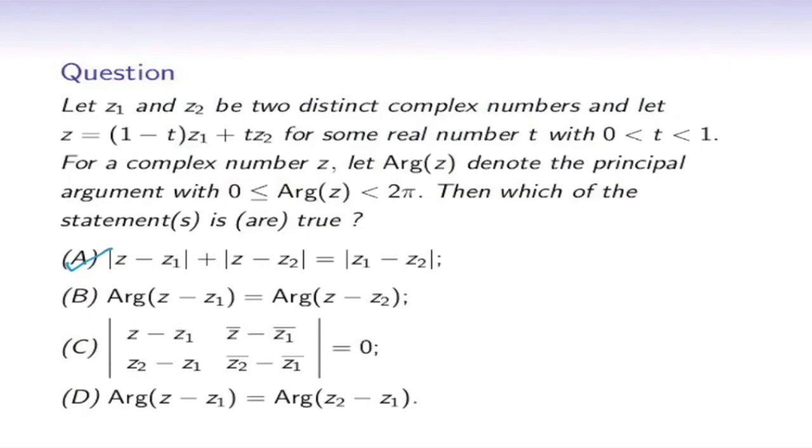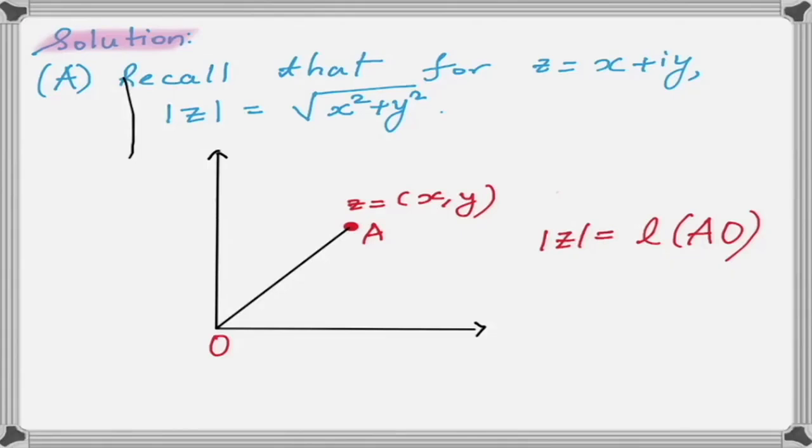Let us consider option B now. Recall that option B is about the argument of the complex number. Let me recall what is meant by the argument of a complex number. Just now we have seen that any complex number z equal to x plus iy can be identified with a point (x, y) in the Cartesian plane.